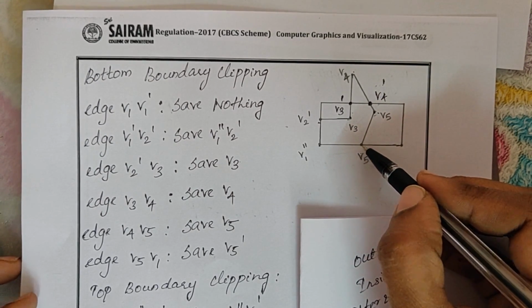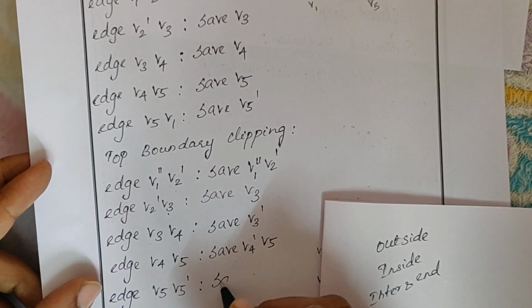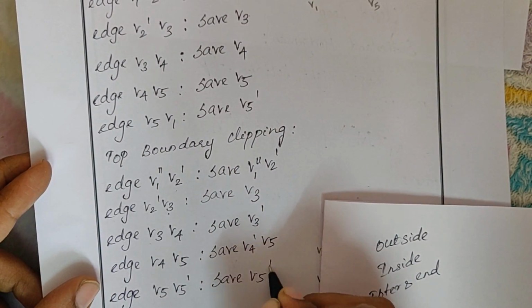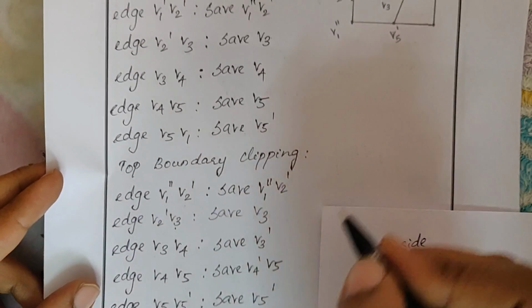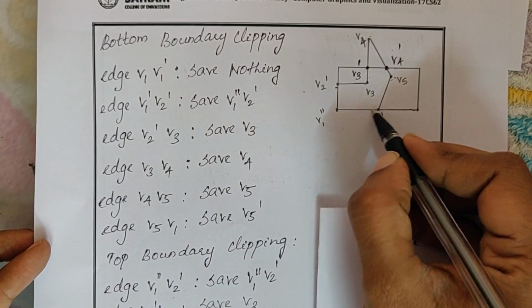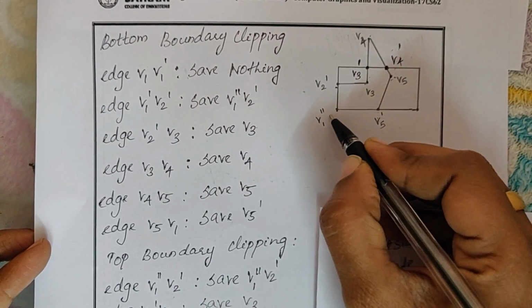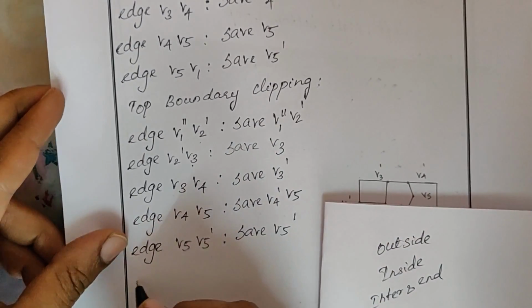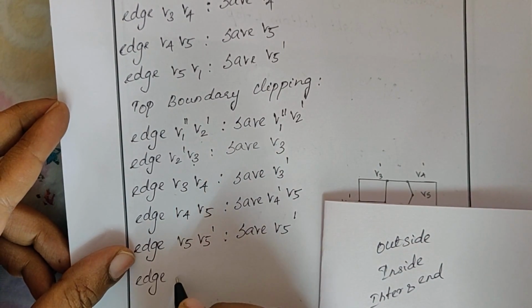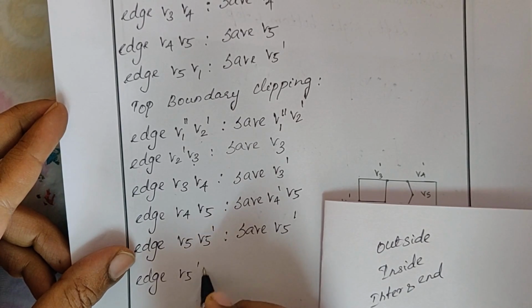I should save the end vertex alone. So save V5 dash. Now the last edge is V5 dash, V1 double dash.